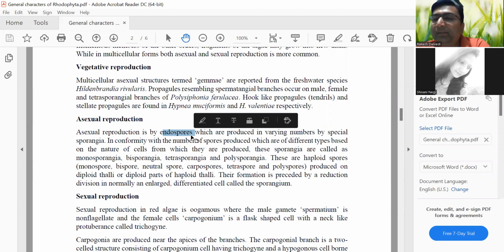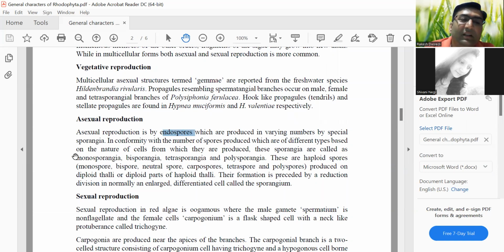So in asexual reproduction, the red algae form endospores, and they are of many types, like monosporangia, bisporangia, tetrasporangia, polysporangia. Monosporangia form monospores, bisporangia form bispores, tetrasporangia form tetraspores, and polysporangia form polyspores.